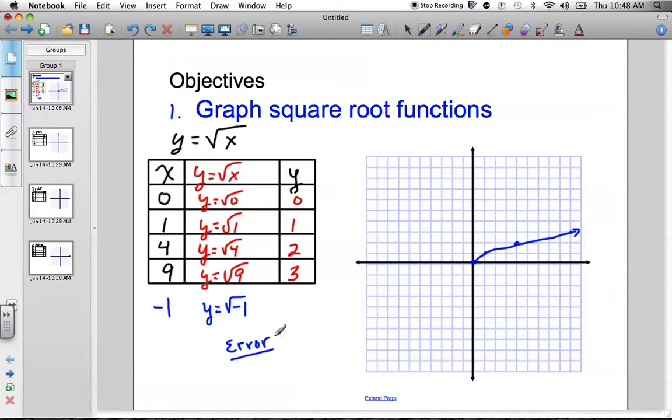What the calculator is telling you is this. When you take the square root of -1, you end up with something that is not a real number. And you cannot graph numbers that are not real on the Cartesian plane. So for that reason, you cannot have an arrow going to the left of this point here at the origin.